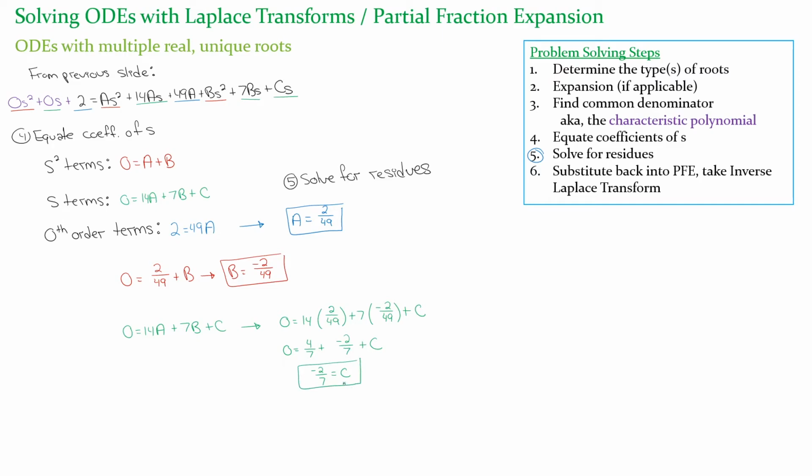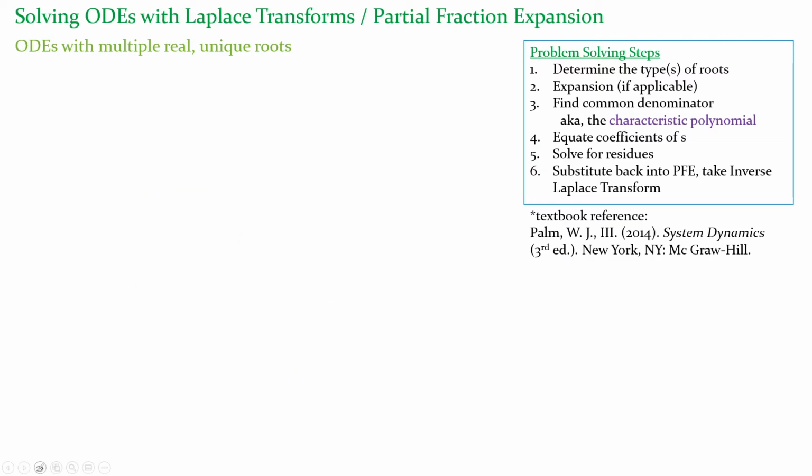So now that I've solved for my residues, I can go on to the last step, which is to substitute these values back into the partial fraction expansion and take the inverse Laplace transform. So, if you recall from 2 slides ago, the right-hand side of our partial fraction expansion looked like this.